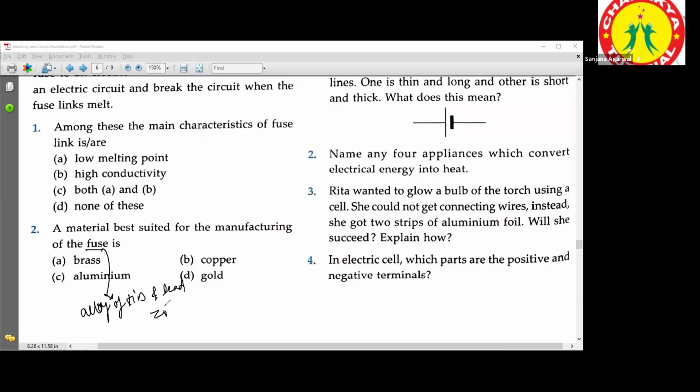Otherwise, we can make fuse wire of zinc, copper, silver or aluminum. Okay, written? Yes, ma'am.